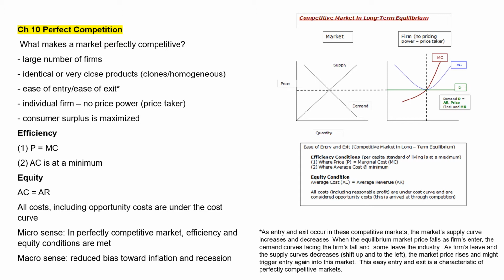It's the same thing again. This can only occur in perfectly competitive markets. So that's in the micro sense. Macro sense, we'll be going over this several times. Macro sense, reduced bias toward inflation and recession, meaning that there tends to be less inflation because inflation means higher prices, right? So that prevents firms from raising prices because you are a price taker, right?